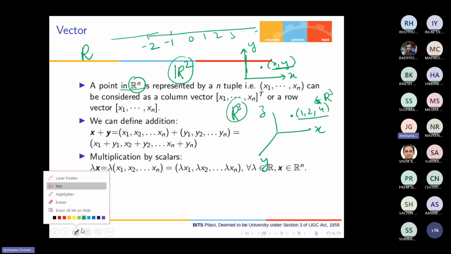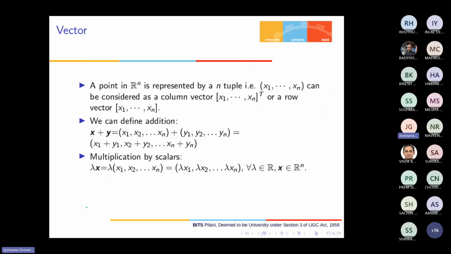Now, what are the operations you can do here? You can add two vectors. Suppose I add 1, 4, 7 plus 2, 3, 9. 1 plus 2 is 3, 3 plus 4 is 7, 9 plus 7 is 16. You can add two vectors provided they are of the same length. For example, this is a vector of length 3. Actually, I should not call it length, I should say number of elements.